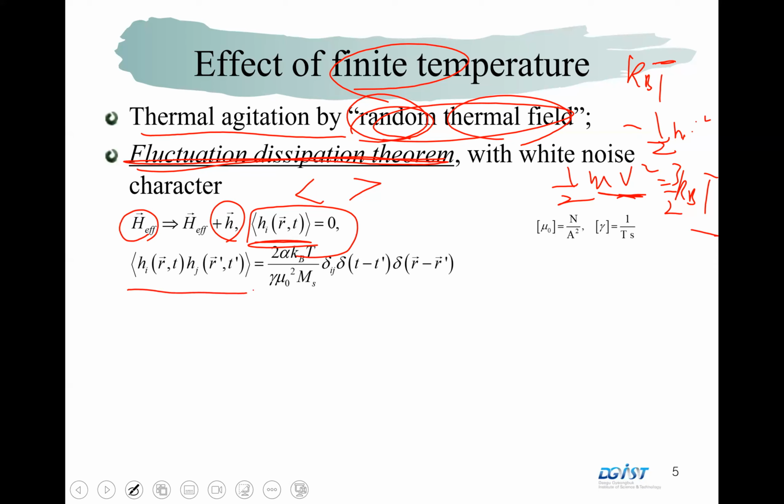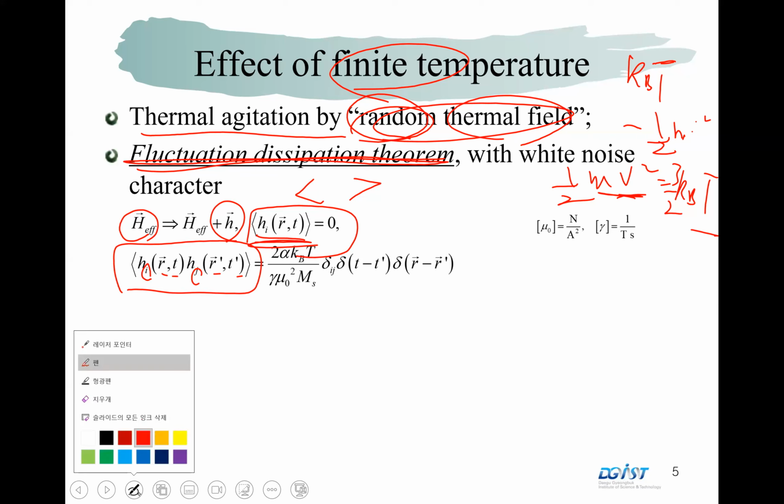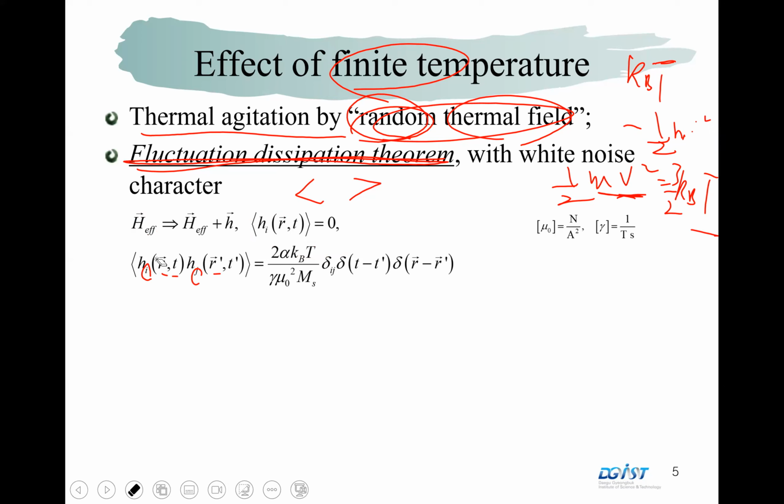And what is this meaning? This is a kind of correlation. It means the thermal field at a certain site i and j, with certain positions r and r prime, and times t and t prime, has an ensemble average given by this expression.